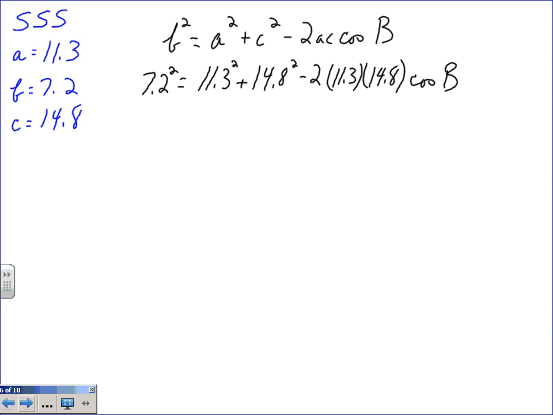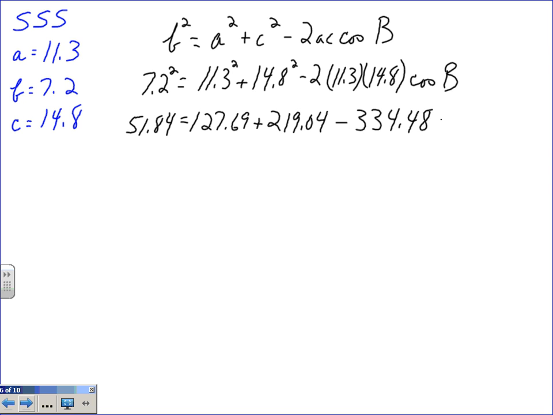Okay, that's all the numbers I need for right now. So 7.2 squared is 51.84. 11.3 squared is 127.69. 14.8 squared is 219.04 minus 334.48 cosine B.